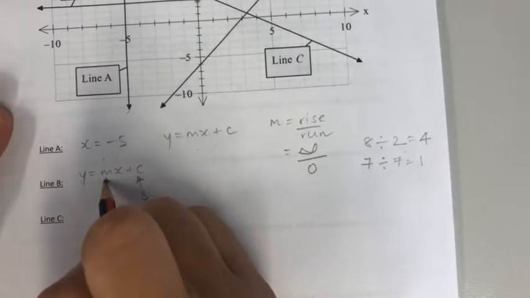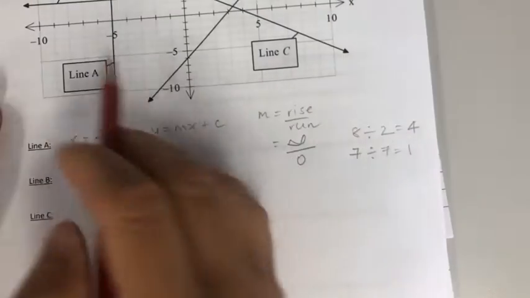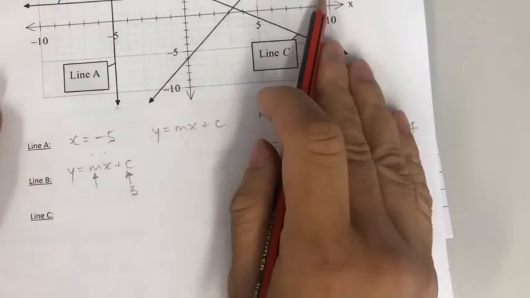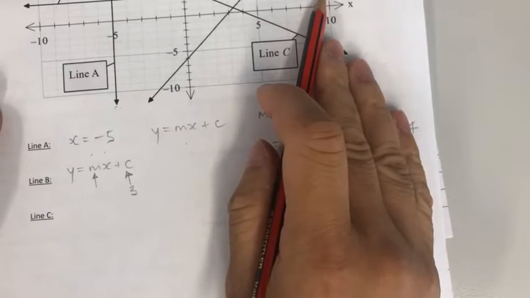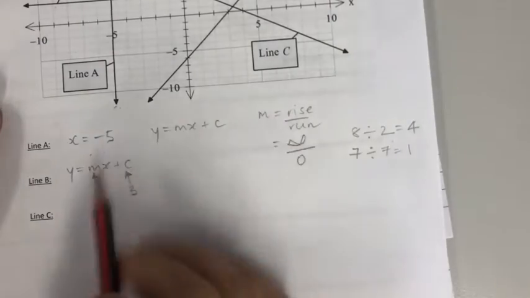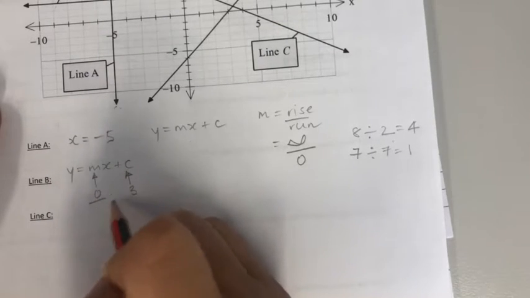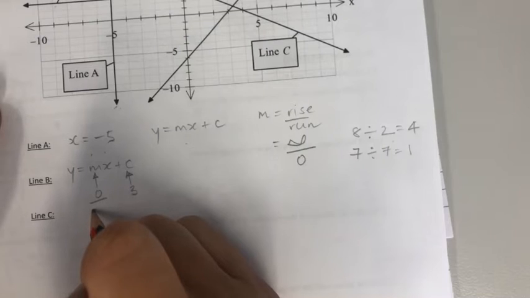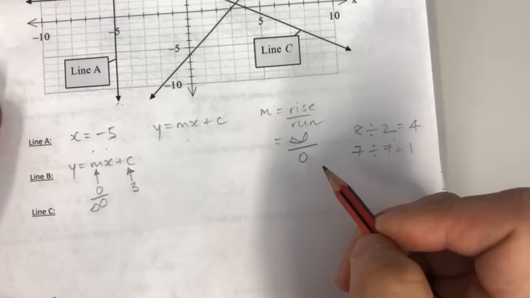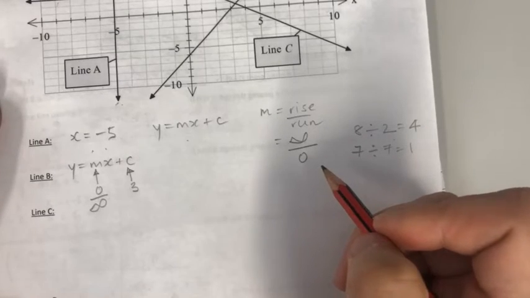The gradient, which is rise over run, this doesn't rise at all. So if you were trying to calculate, you would end up with 0 over, I guess, an infinite amount of run.